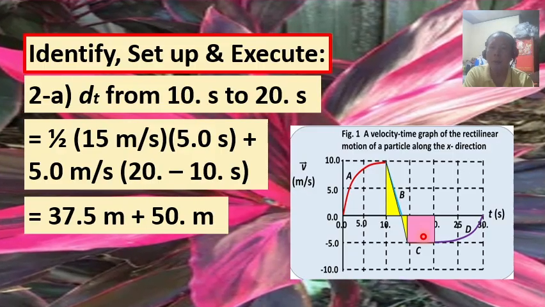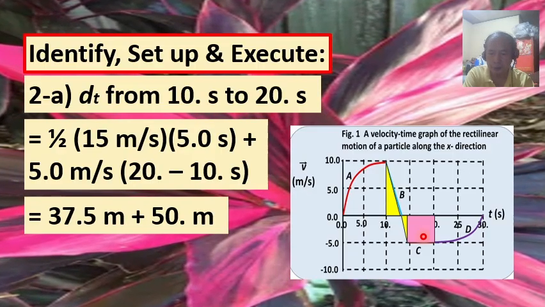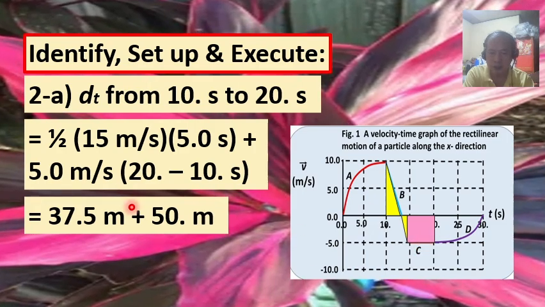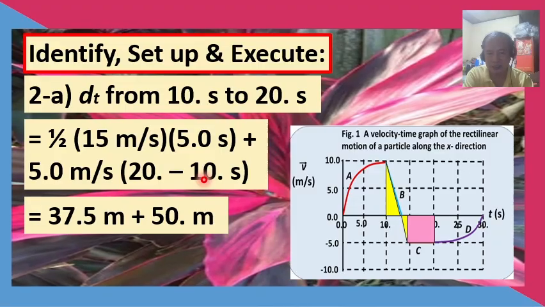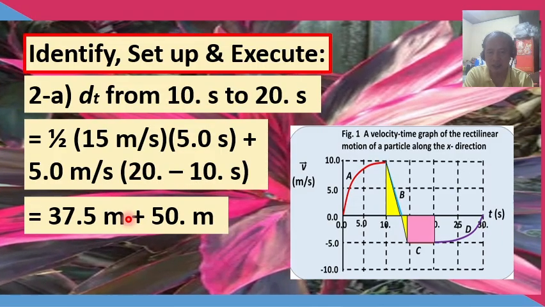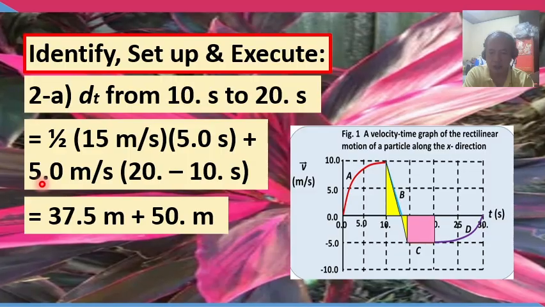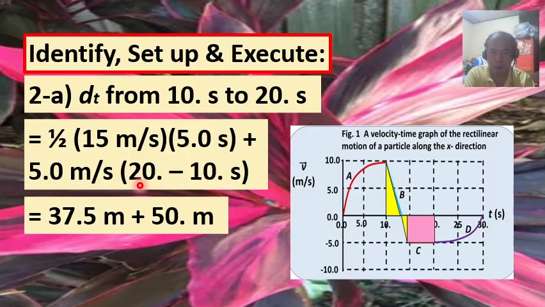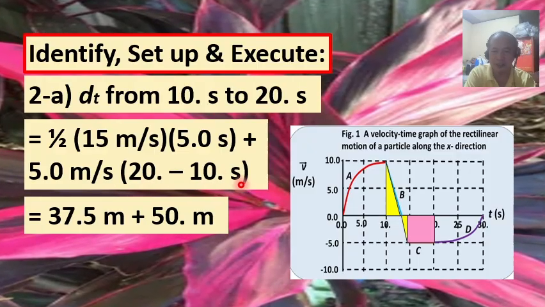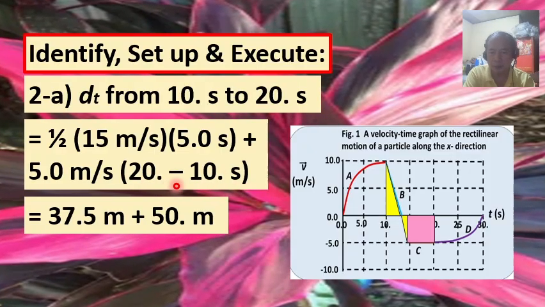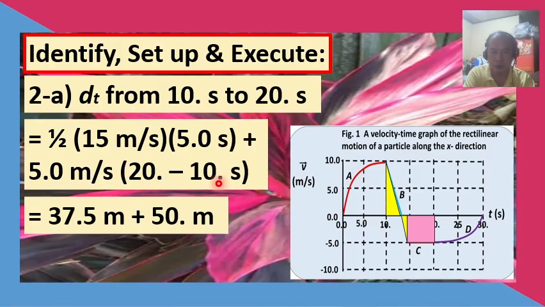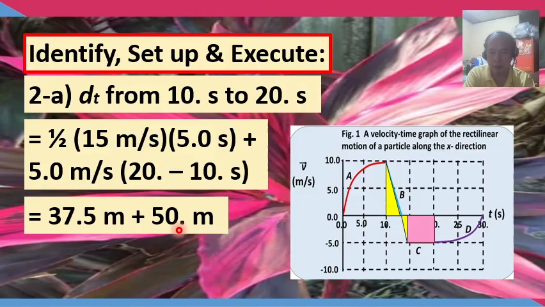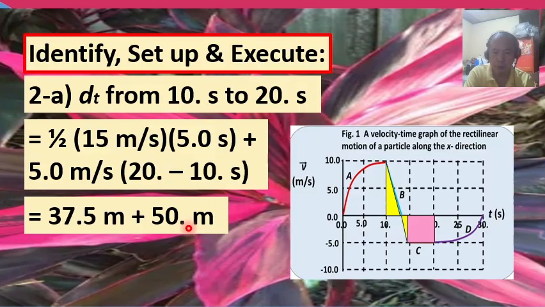And for the square, the area bounded by graph line C with the time axis, we simply multiply the two sides. One side corresponds to the change in the magnitude of the velocity, 5.0 meters per second, multiplied by the other side, which represents the time interval from 10.0 seconds to 20.0 seconds, which will give us the area of the square equal to 50.0 meters.